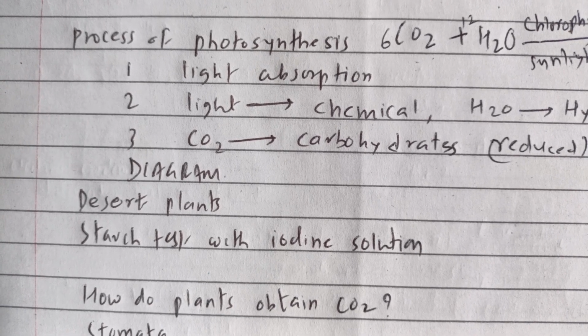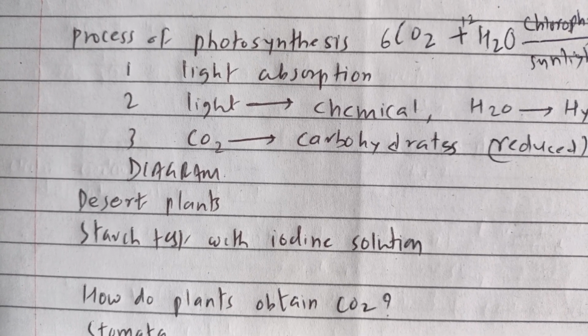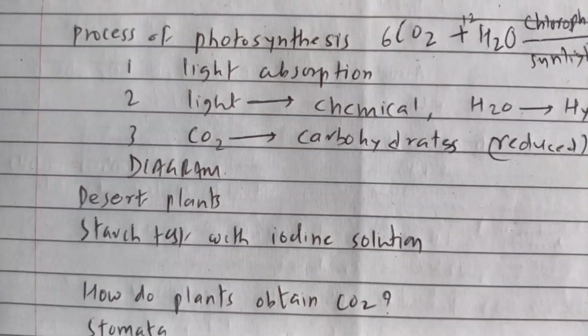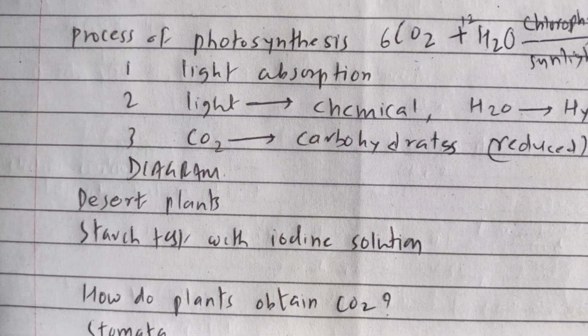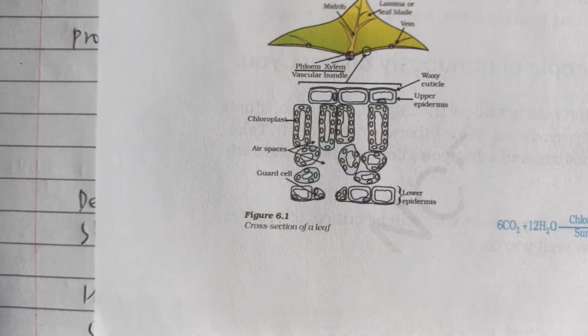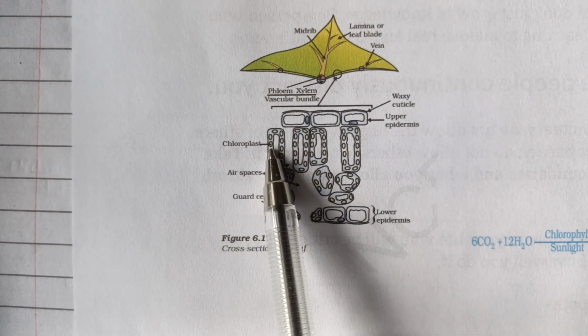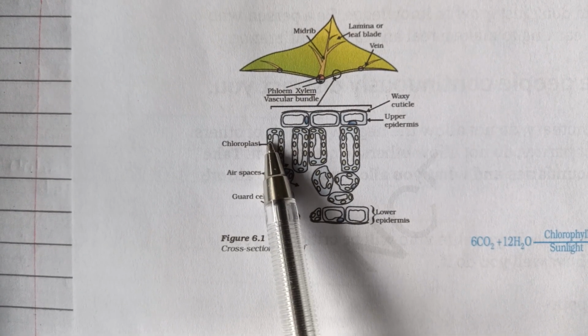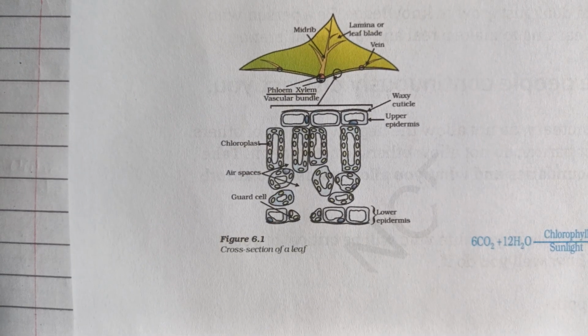So that is the thing we have seen in the cross section of this leaf, the diagram I showed you. So these cells have these greenish dots, they are chloroplasts, and these green dots, these are the plant cell organelles, the intracellular organelles.